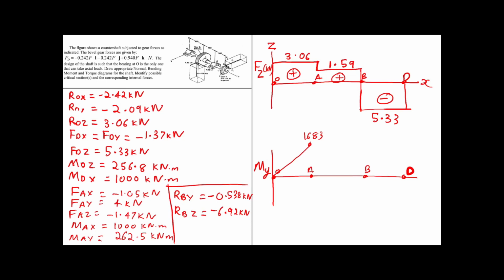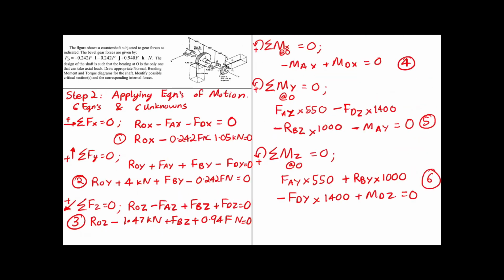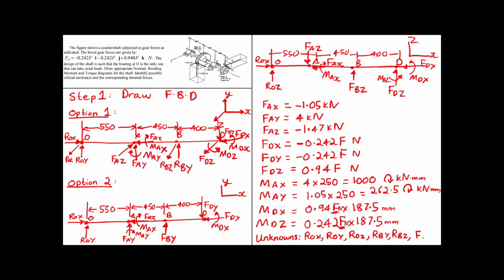Now before continuing, we need to check if there is any external moment. So external moment we can check from the free body diagram. So if we look at the moment in Y, do we have any moment in Y? Yes, we have a clockwise moment MAY.